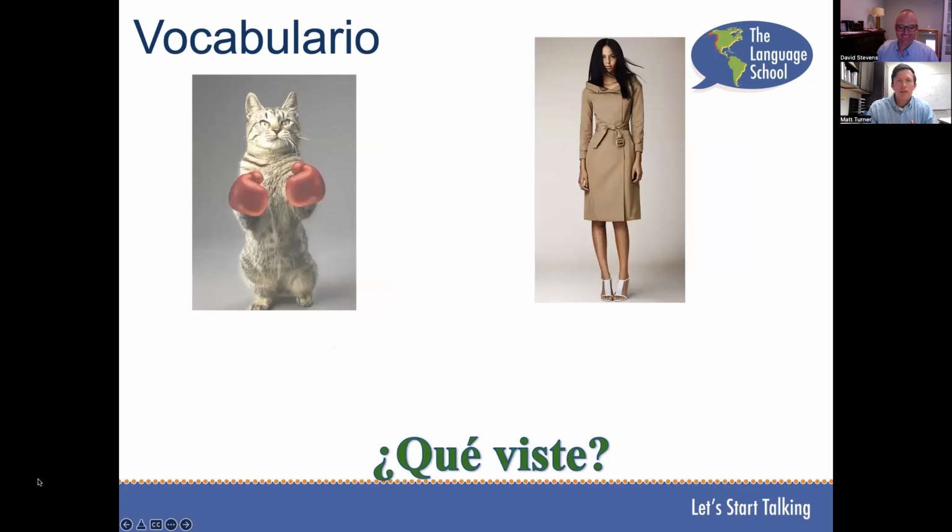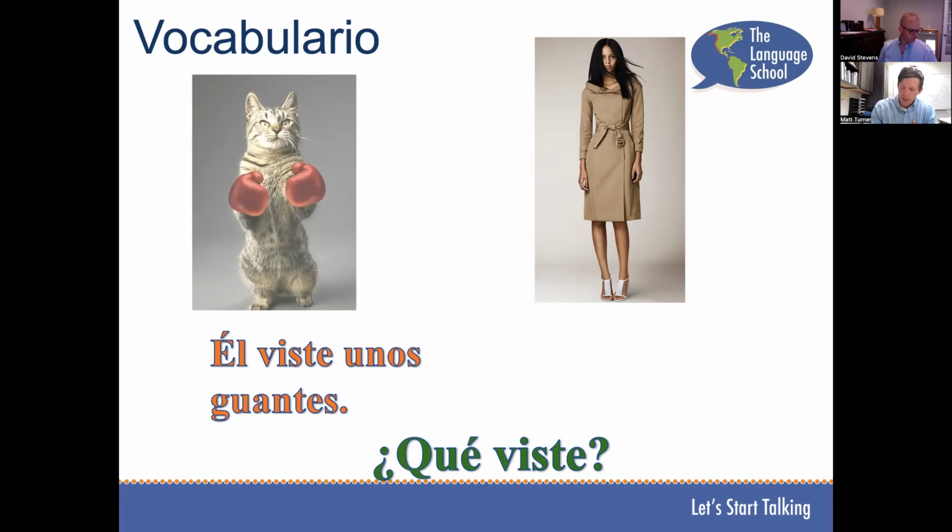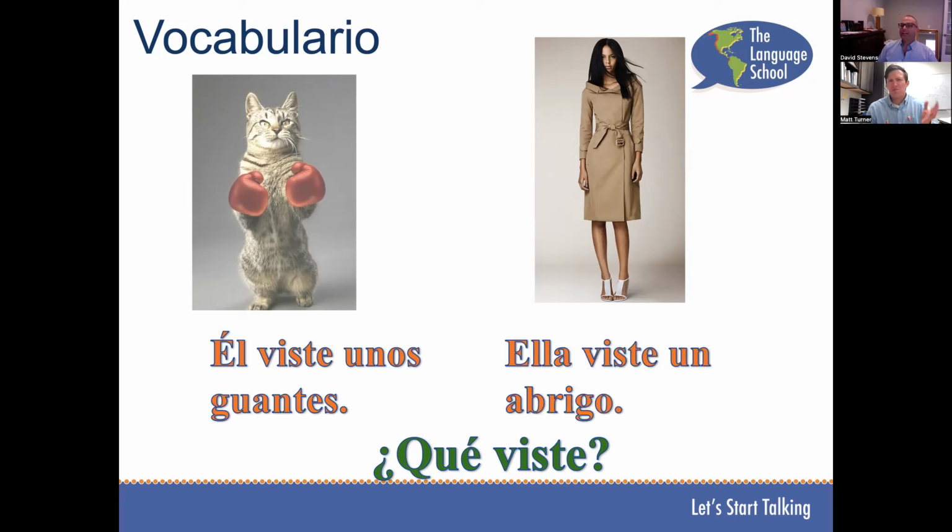¿Qué viste el gato? El gato viste corbata? No. Corbata would be a tie. These are gloves. ¿Cómo se dice gloves? Unos guantes. Ella viste un vestido, or chaqueta, abrigo.